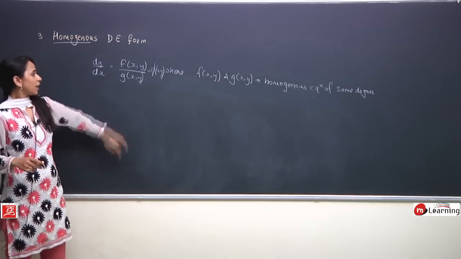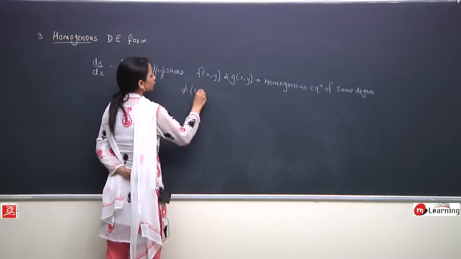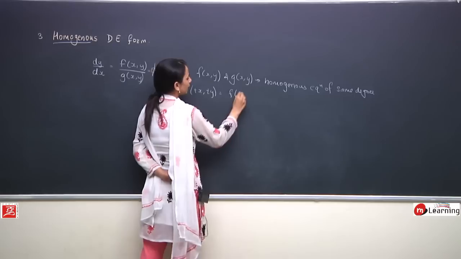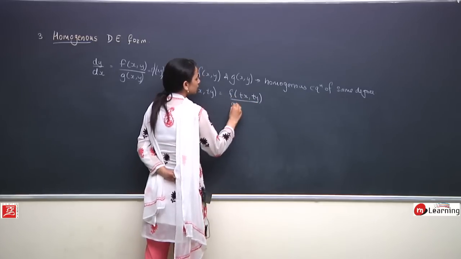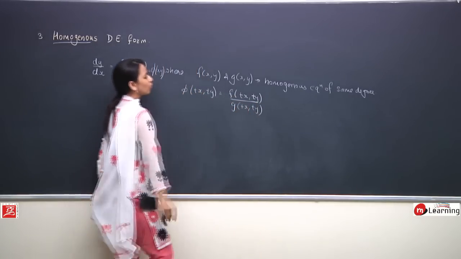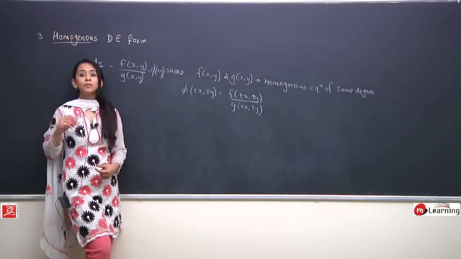समझिए कैसे? If I want to find phi of tx comma ty, this would be equal to f of tx, ty upon g of tx, ty. And what do I know? f and g are homogeneous equations of the same degree.